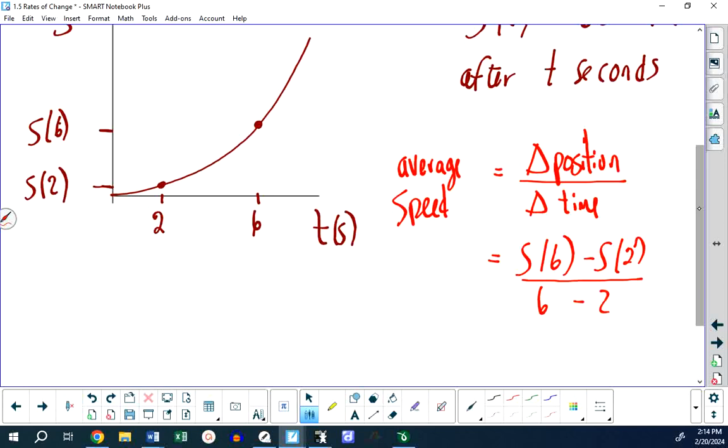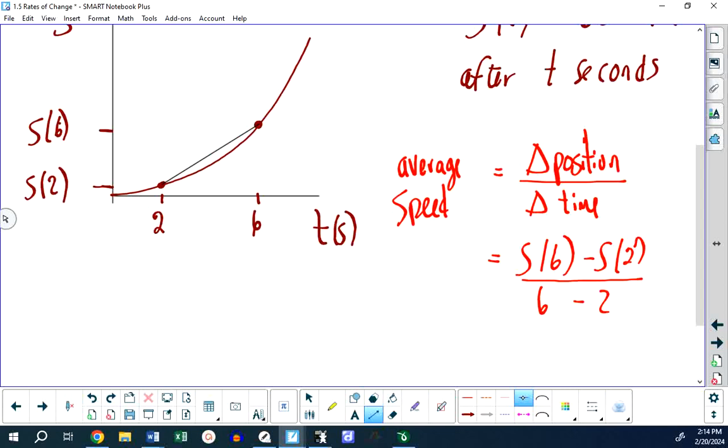But that's rise over run. Right? Delta position is the change in y. So what you're really doing, and you can choose to draw in this line or not, quite frankly, doesn't matter, but what you're really doing to find an average rate of change is finding the slope of a secant line, the slope of a line that connects 2 points.